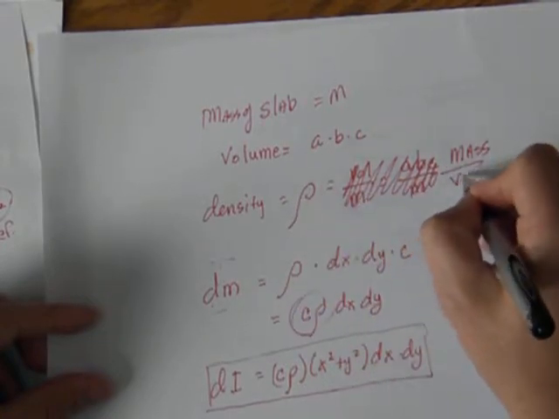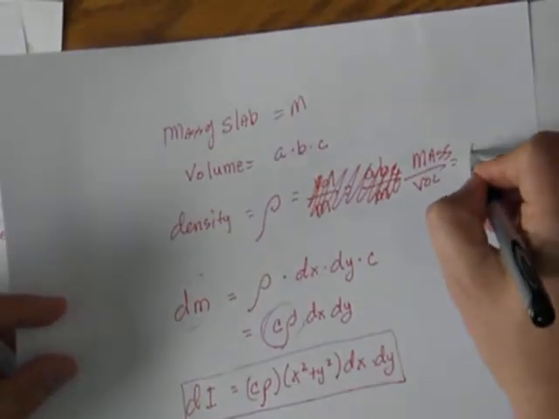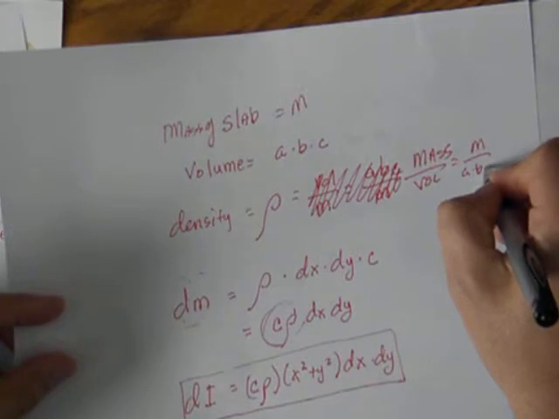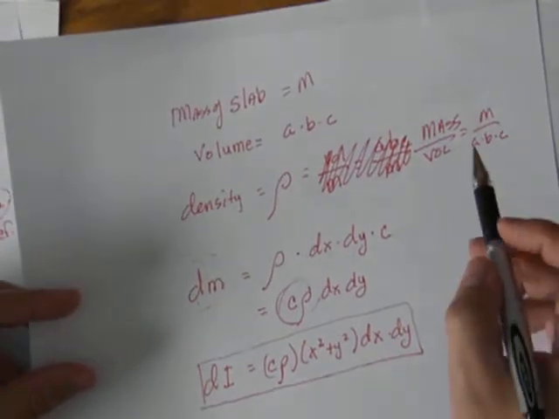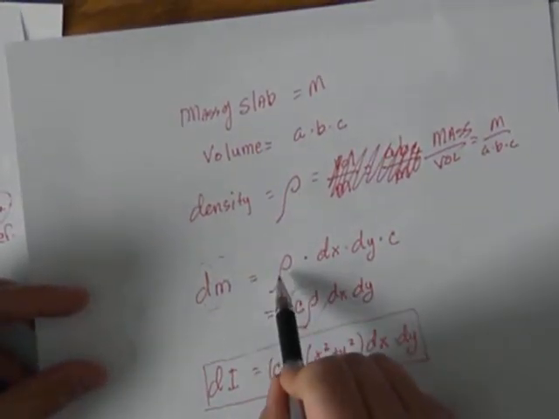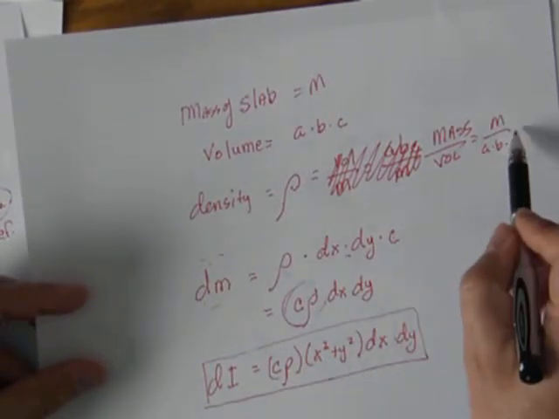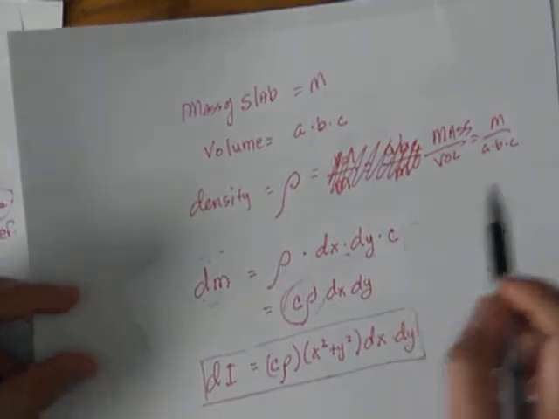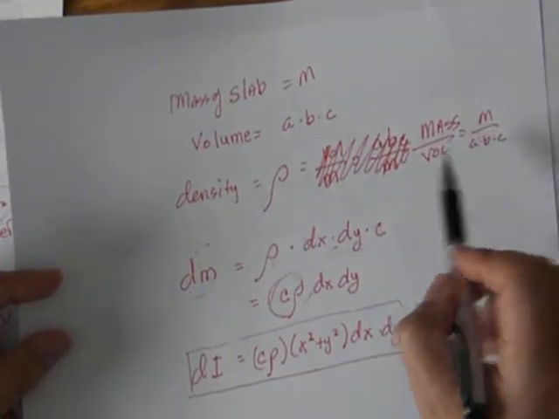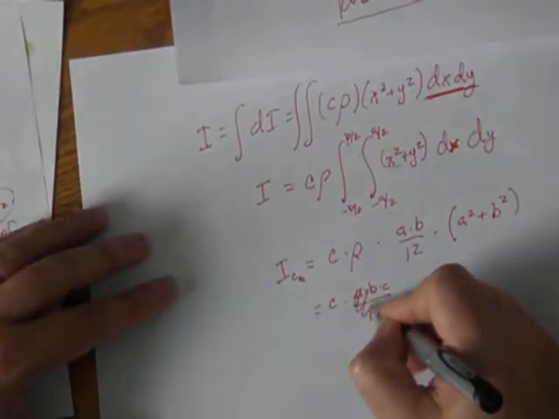Density is mass divided by volume, so it's capital M over A times B times C. dm is then the density times the volume. The volumes would cancel, giving us a mass, so that's correct. So I made a mistake there. Rho is just M divided by A times B times C.